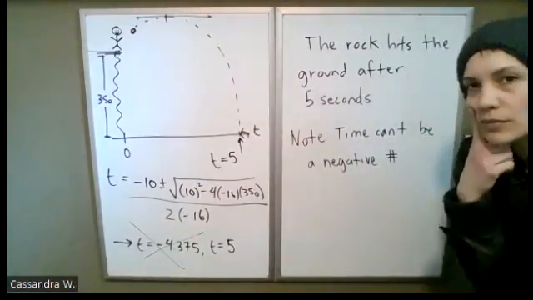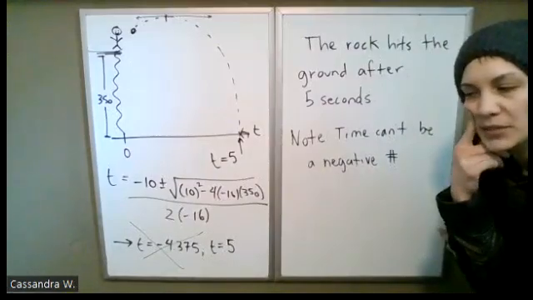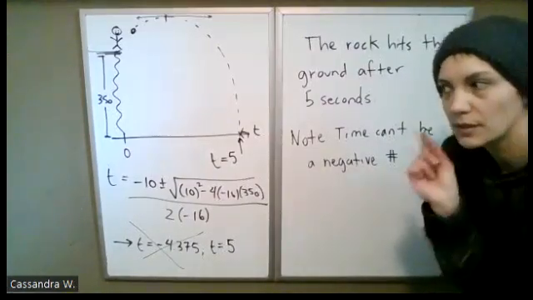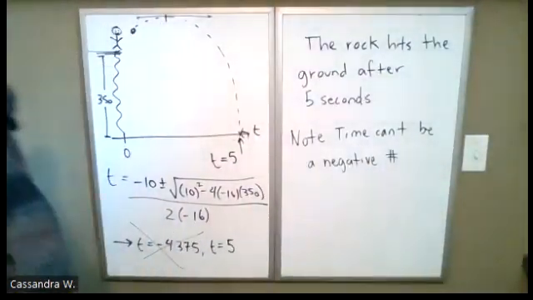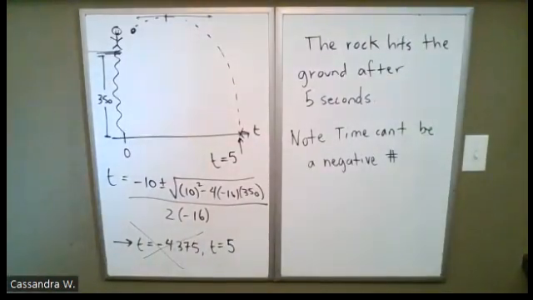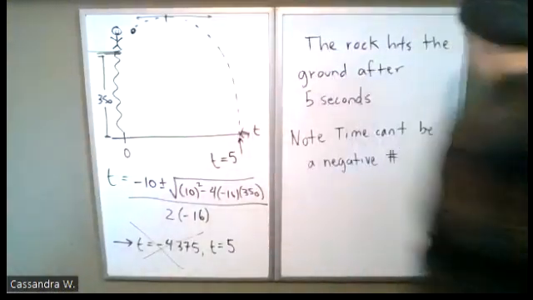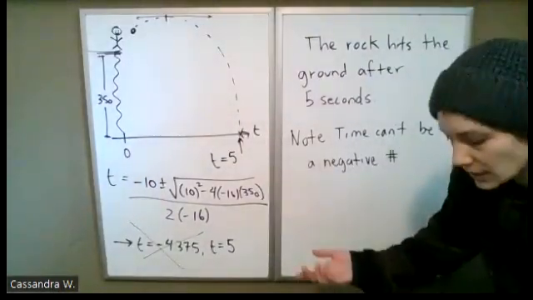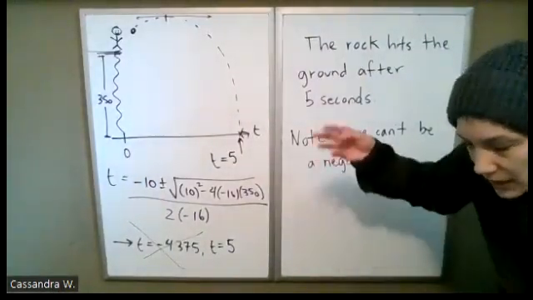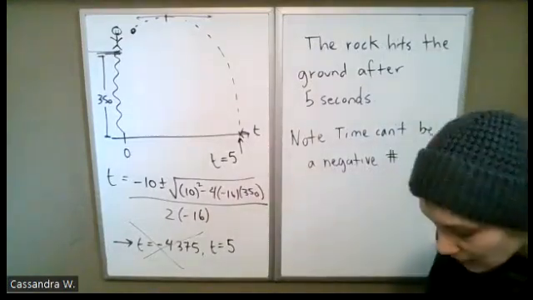Last part. I think it was, what is the impact velocity when the rock hits the ground? You can just say, what is the impact velocity? So impact means you've hit.